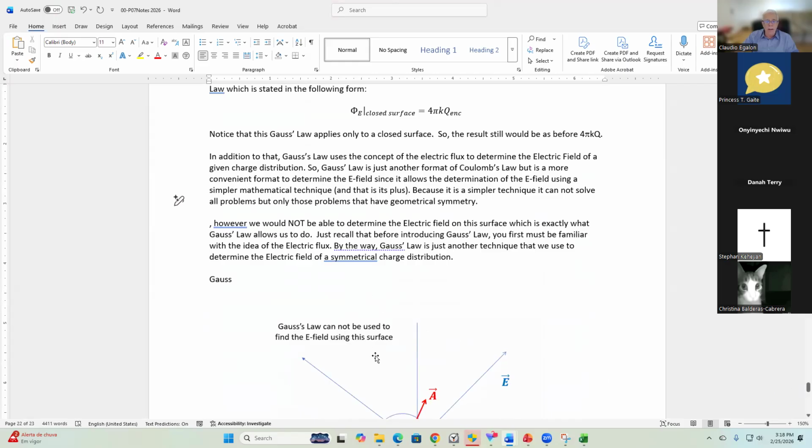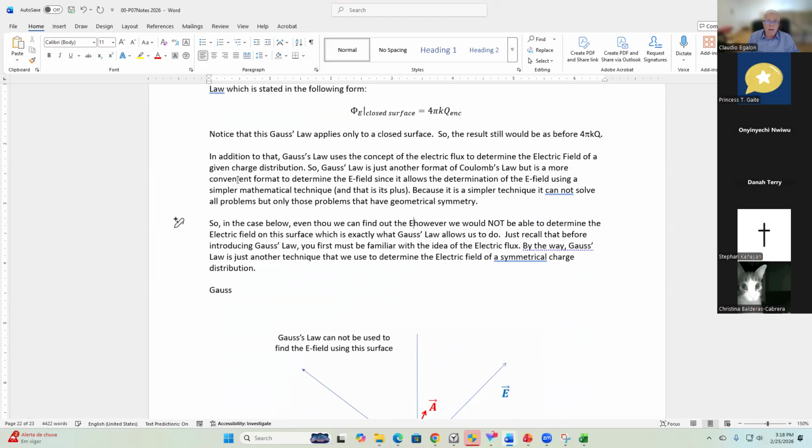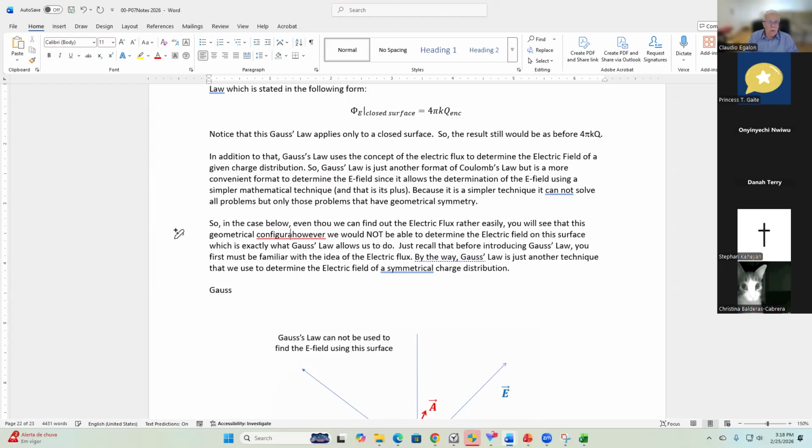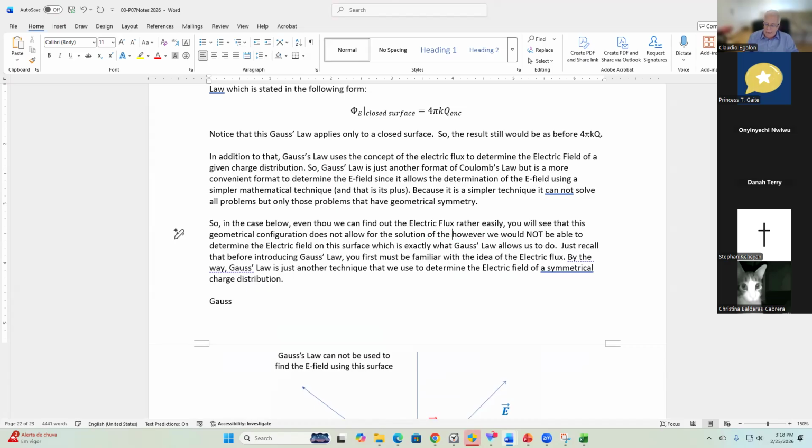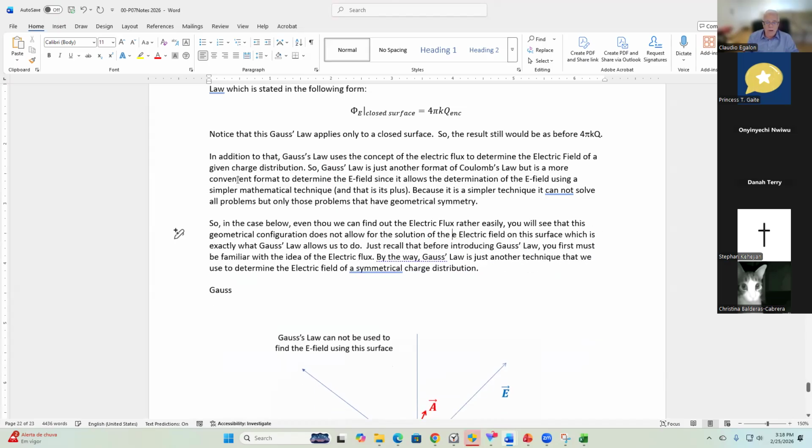Even though we can find out the electric flux rather easily, you will see that this geometrical configuration does not allow for the solution of the electric field alone.